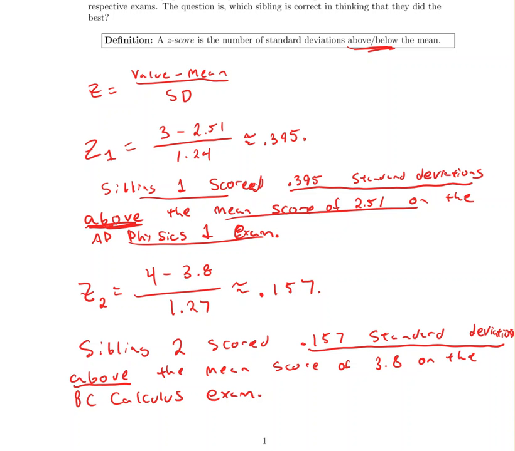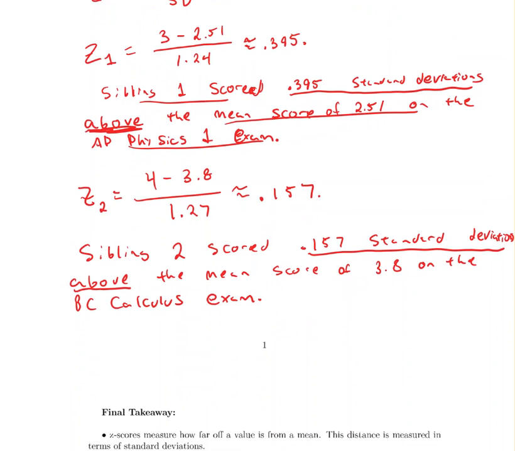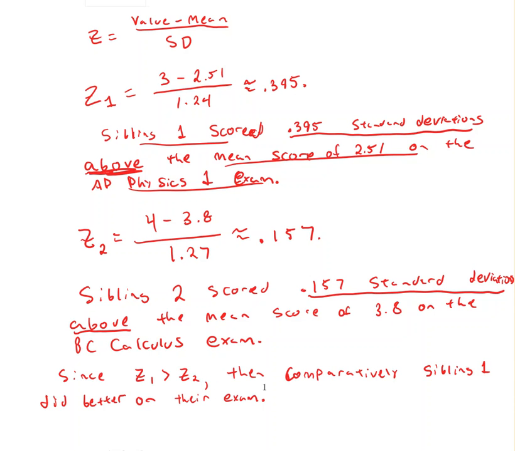So when we compare these z-scores, we see that the z-score for sibling 1 is greater than the z-score for sibling 2. And what that means for us is, since z1 is bigger than z2, then comparatively, sibling 1 did better on their exam.